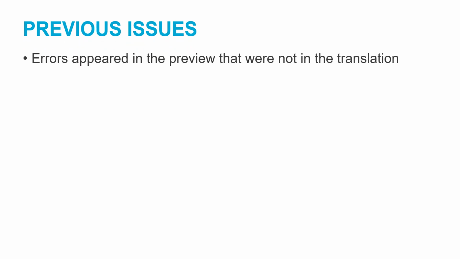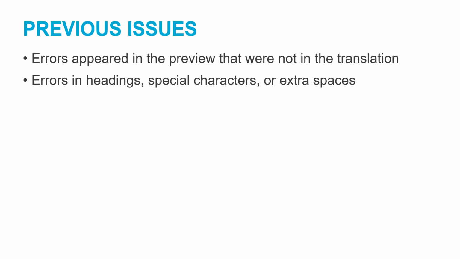In the past, there have been some minor issues where errors appeared in the preview text that were not actually in the translation. This happened in a variety of ways that could include text headings in the preview not being translated, special characters being displayed incorrectly, or extra spaces showing between words.